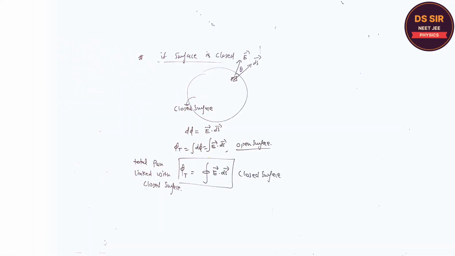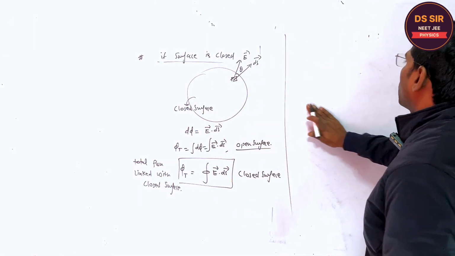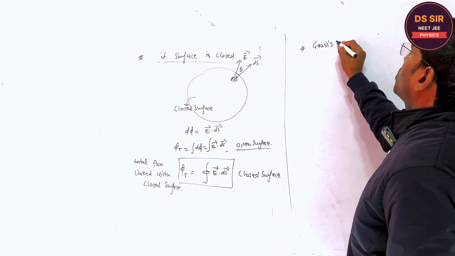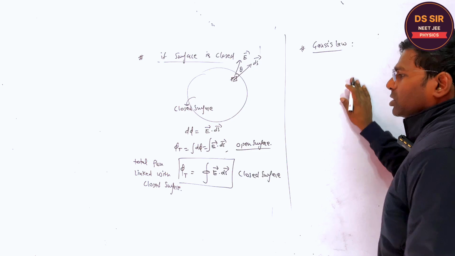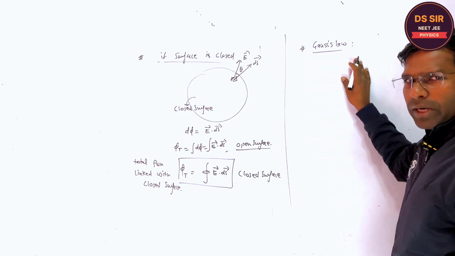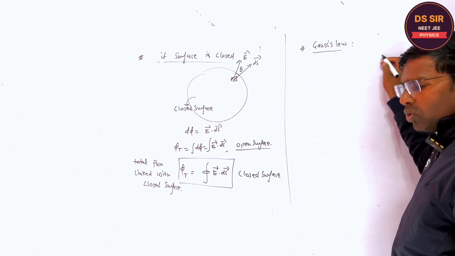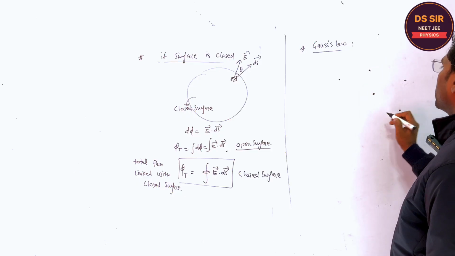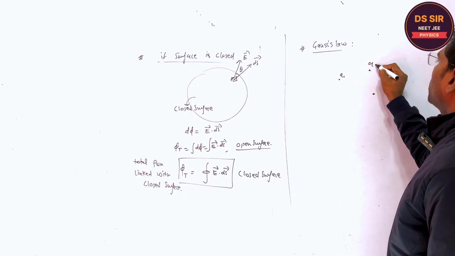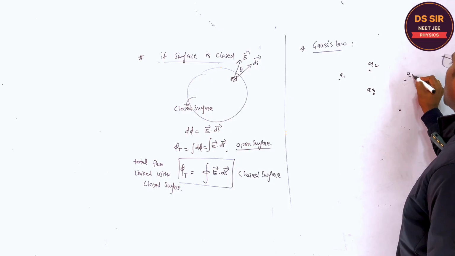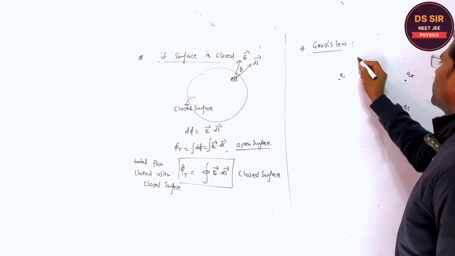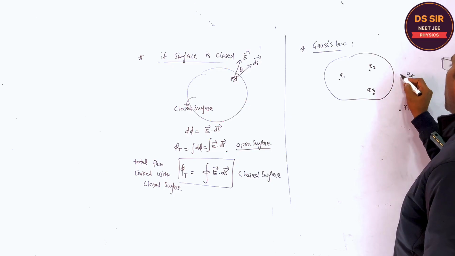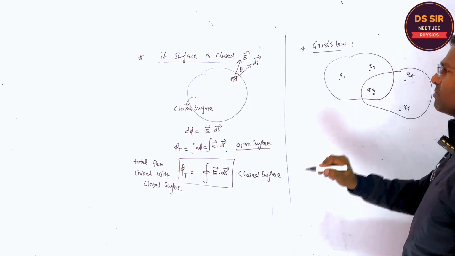Copy this. Now I will write Gauss's law. What is Gauss's law? I am not writing the definition. According to Gauss's law, suppose these are some charges: Q1, Q2, Q3, Q4, Q5. This is one closed surface, and this is another closed surface.